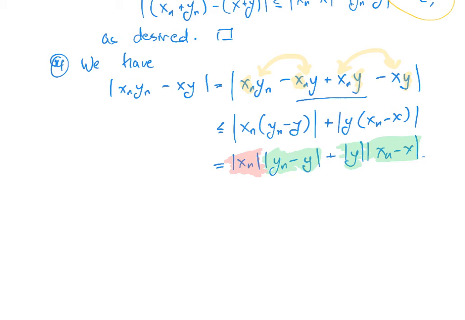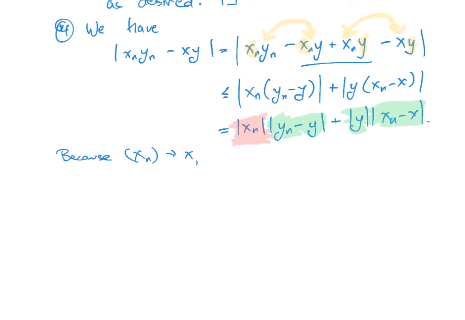So this is our challenge. We need to get some control over the xn, and let's do it. Because xn converges to x. Think about that definition.